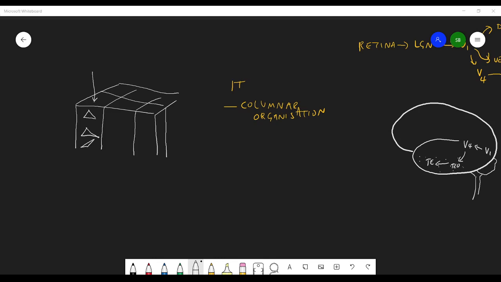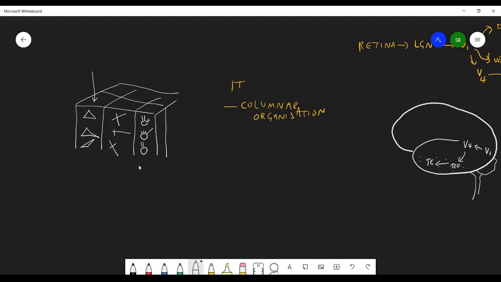Next to it you might find a column responding to slightly different types of shapes, and then similarly again you might find this one with hand-like shapes, and they're all related as you progress down them.